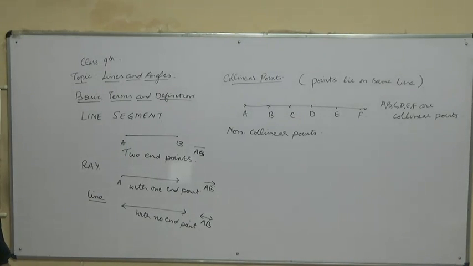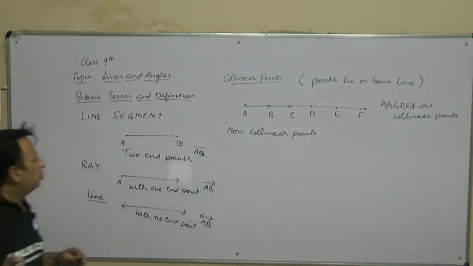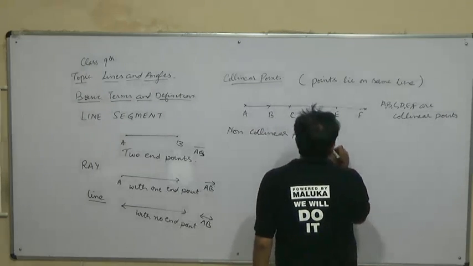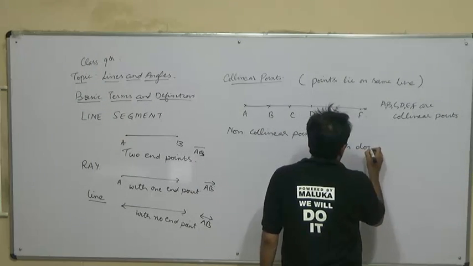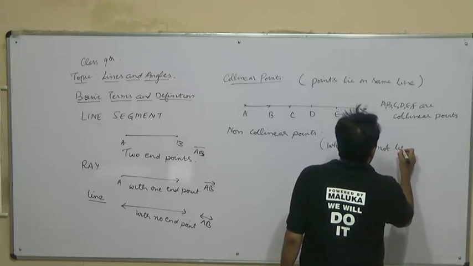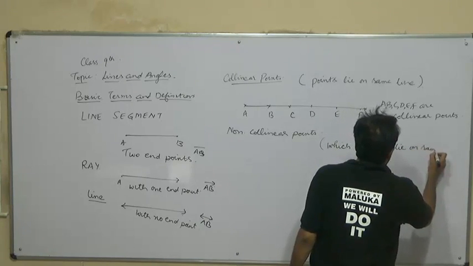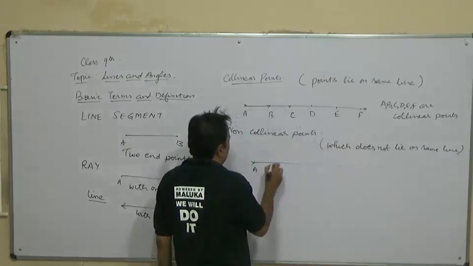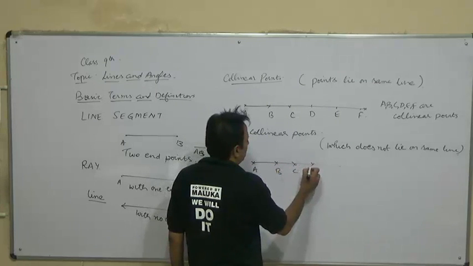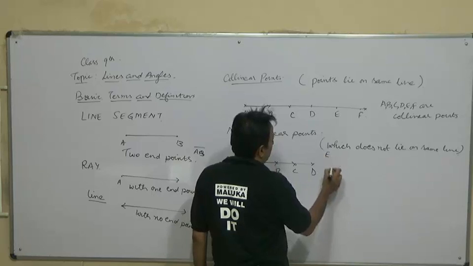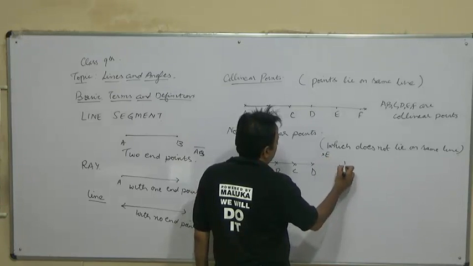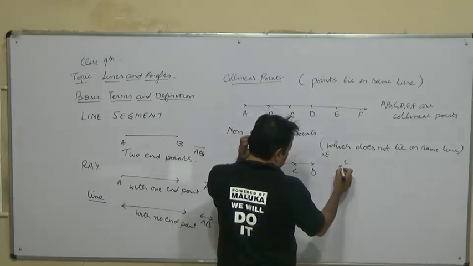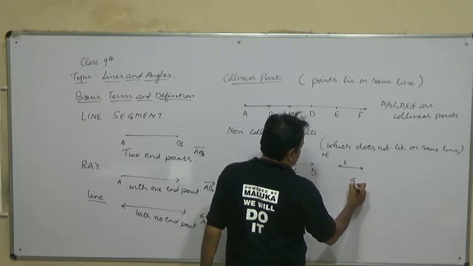Definition is very easy. Everyone can generate and you can also generate. Non-collinear means those points which do not lie on the same line. For example, if you write this is A, B, C, D, E, and this is F, then we can say that there is one more point G here and H here.